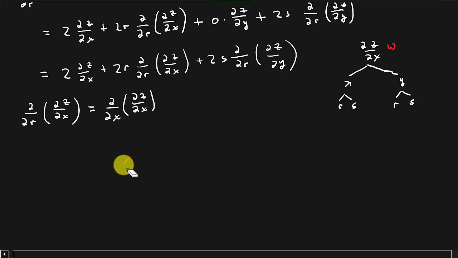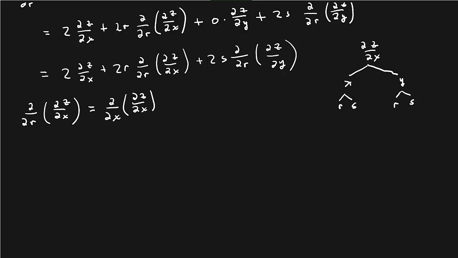Okay? I don't know if this makes it better, but does it help if you see it like this? We're taking the partial of that with respect to x. I'm just leaving it written out to the side. That's all we're doing. Okay? All right.